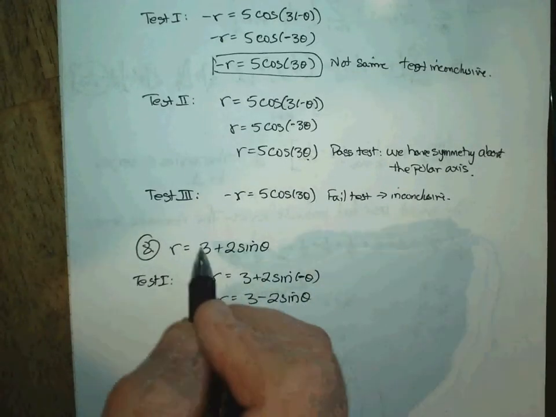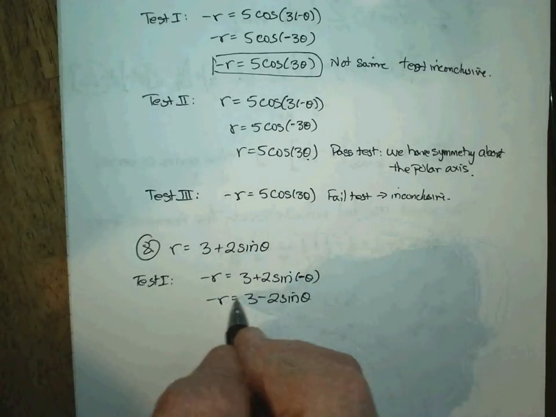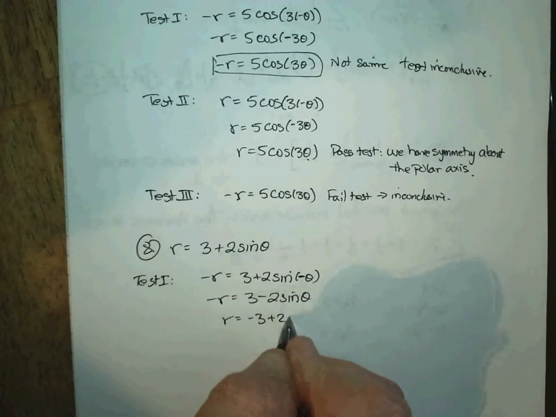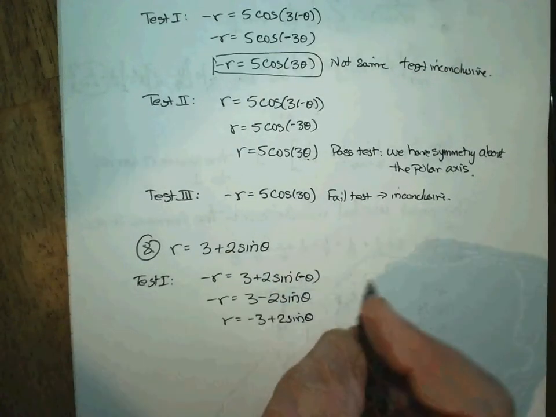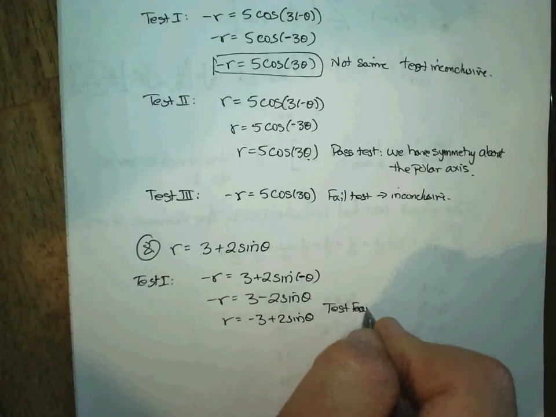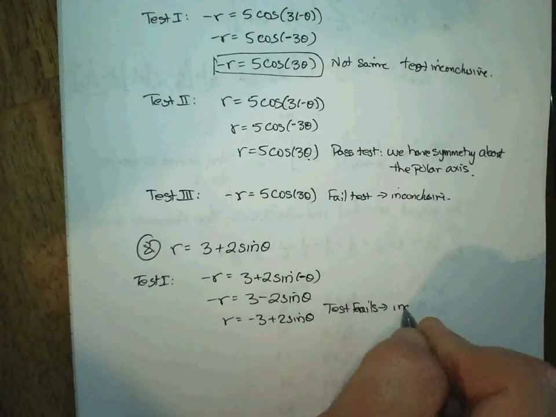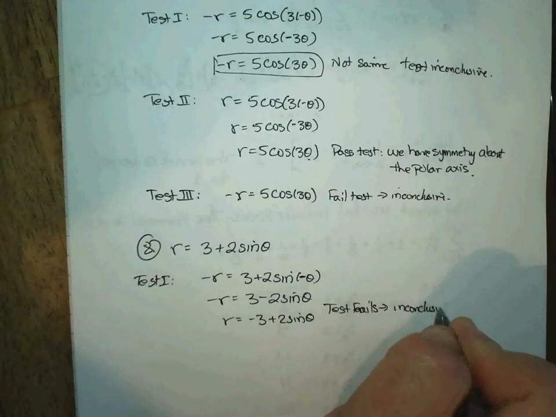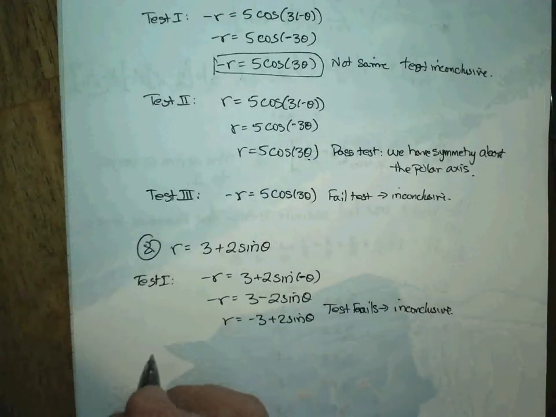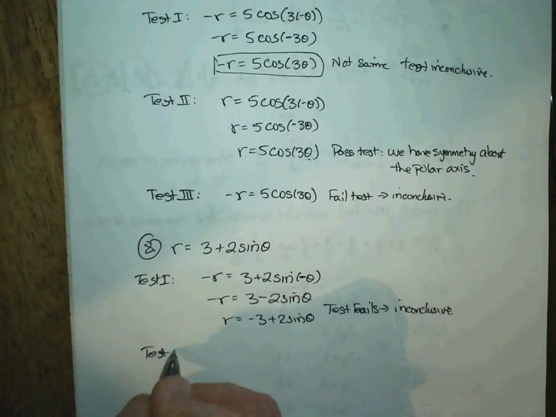So that's what we get. That is not the same as this up here. And if I multiply it through by a minus, we get a minus 3 plus 2 sine theta, which is not the same as what's up here. So the test fails, and it's inconclusive as to whether we have that symmetry about the line theta equals pi over 2.